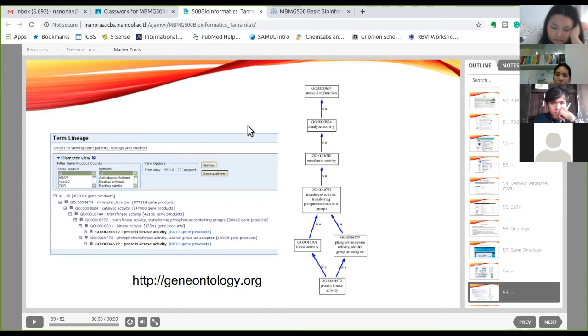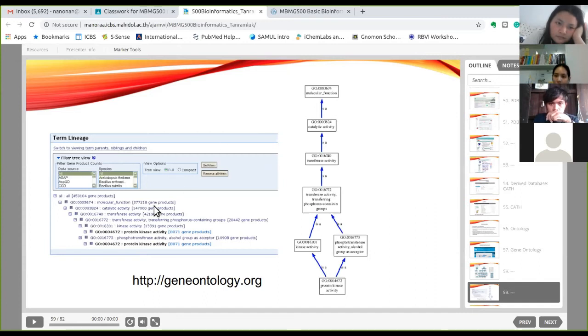Why it's important is that when you want to search for proteins with kinase activity, and you want all the kinase activity in the world, if you Google it, you will find PDF, PowerPoint, DocX, whatever, and you can find all kinds of junk.